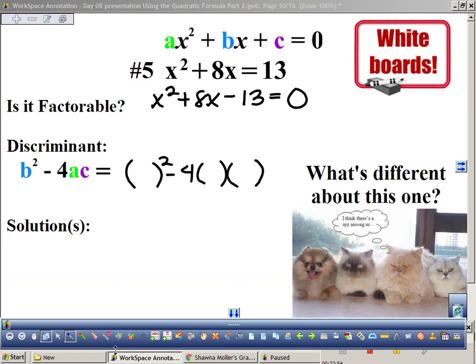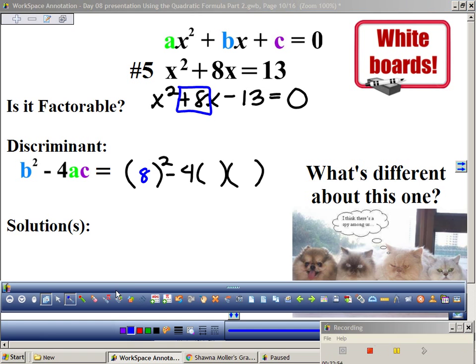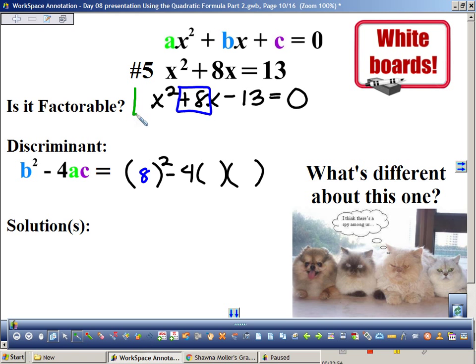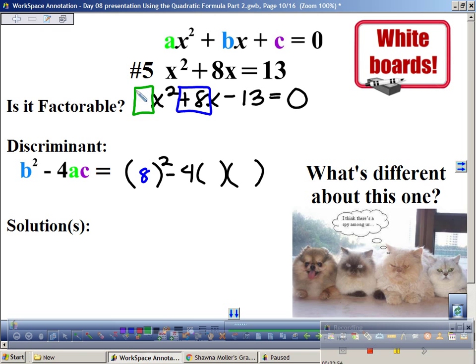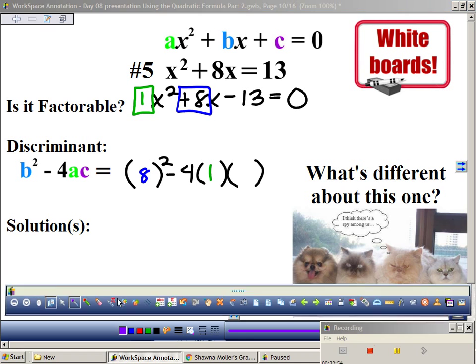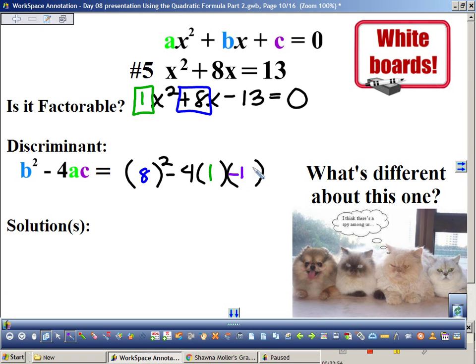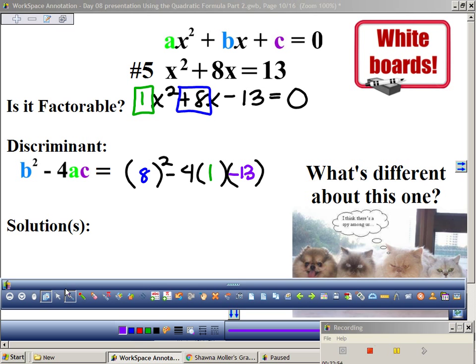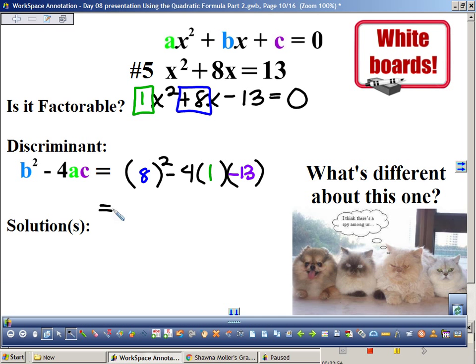So my b is positive 8, and my a is, there's nothing here, so it's a 1. And my c is negative 13. Okay, you guys want to listen to what Lucas said? Of course you do.